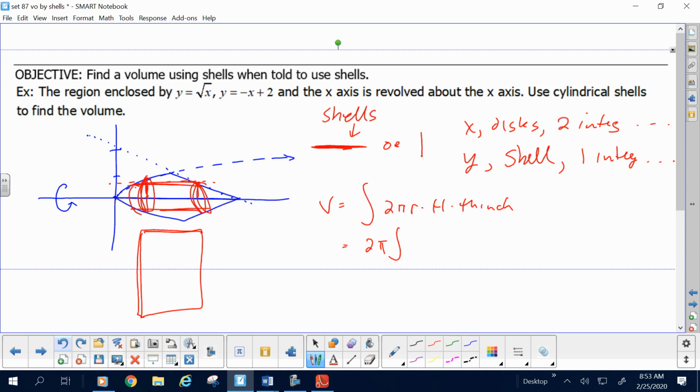Isn't the radius the distance from the center of the circle to the outside? That's the y distance, right? So 2 pi y. The height is actually this distance. I know it feels like height should go up and down, but we should get well past that. Height of a cylinder is the distance between the two bases. The bases are circles, so when I say height, I mean the distance between the circles. Follow? All right, so what is that height?